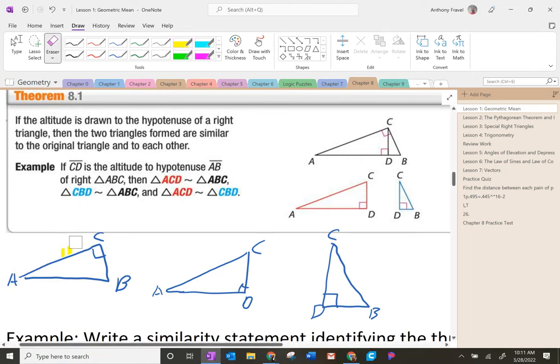I know that A and C, this hypotenuse, so again, the one that's opposite, so this angle and this angle, because they're opposite of the hypotenuse, are going to be the same. Same thing on this hypotenuse over here. All three of those are going to have that same hypotenuse itself.